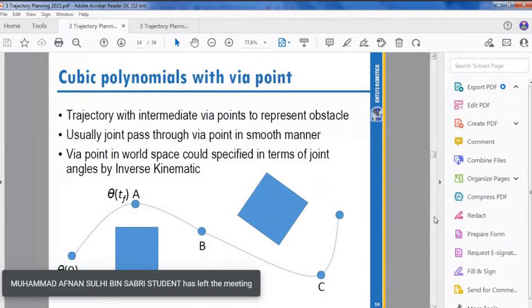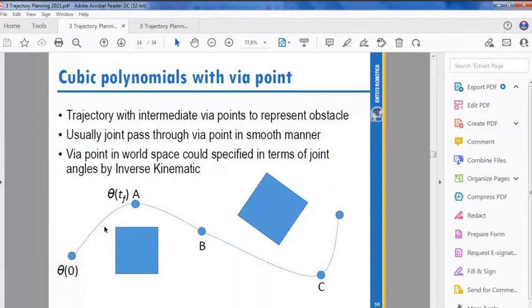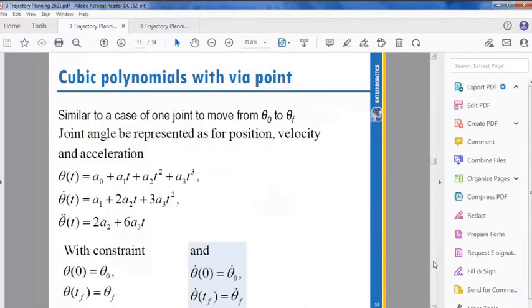And this is cubic polynomial with via point. So this is via point. Similar to the note that I showed you just now. This is the main equation, this is the velocity equation, this is the acceleration equation. How do you get this? By differentiating. So similar to without via point.